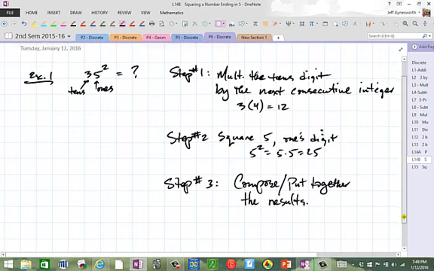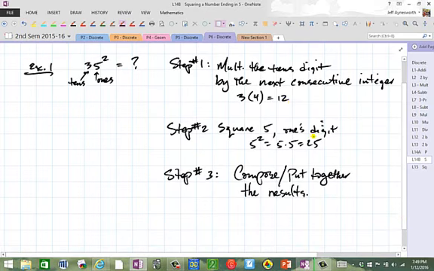So the first result's 12, the second result's 25, and you put them together. So 12 and 25. Here's the first result, there's the second result. Put the two results together, you get 1225.